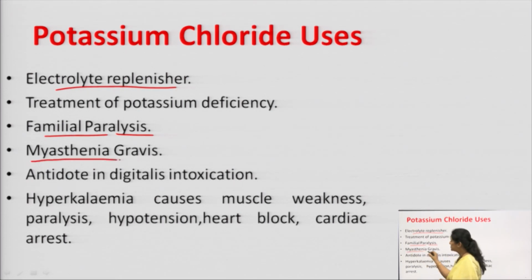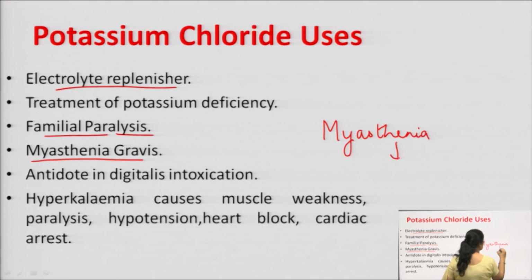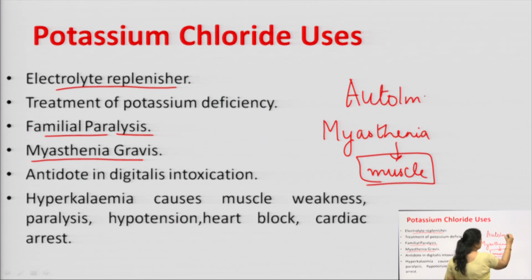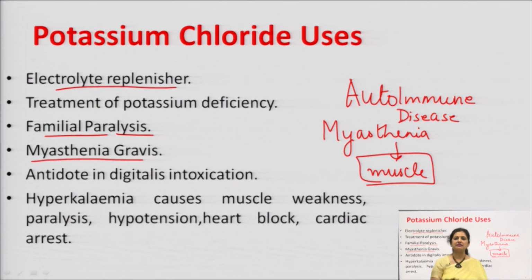Another disease where it is used is myasthenia gravis. The word myasthenia comes from muscle. Myasthenia gravis is an autoimmune disease. We all know that our body has its own natural immunity, the ability to fight external stimuli or infection.